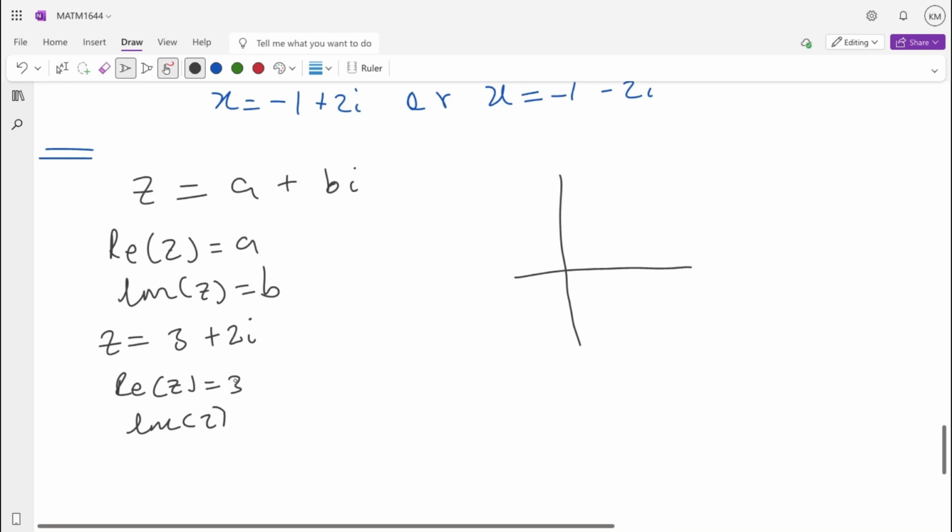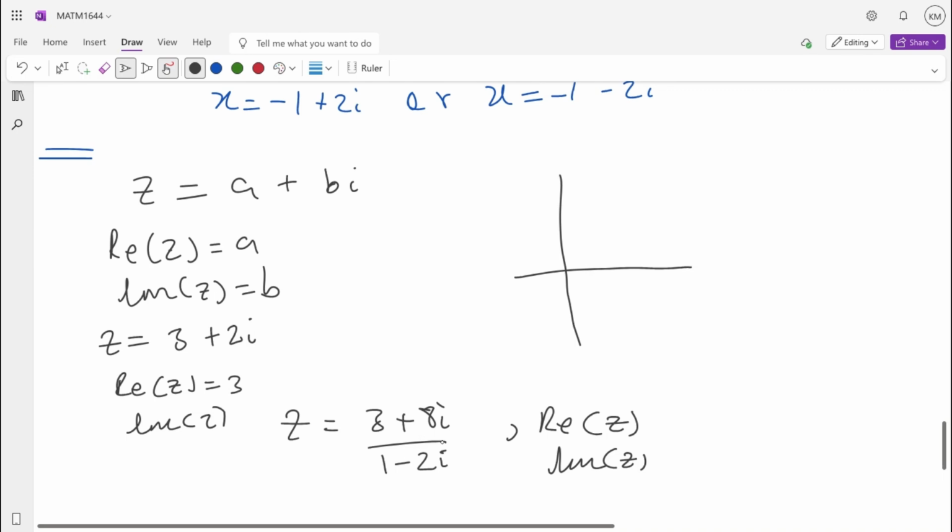Then they will be looking for the real part of z or the imaginary part of z. Say they gave you something like 3 plus 8i divided by 1 minus 2i, and they say you should find the real part of z and the imaginary part of z. You cannot right away tell the imaginary part and the real part of z from this one.